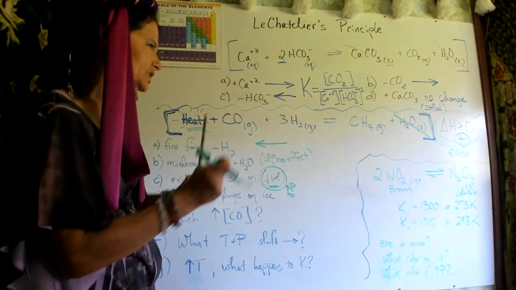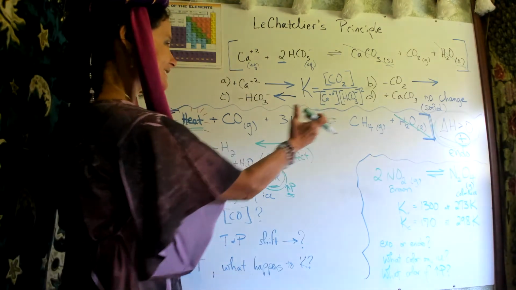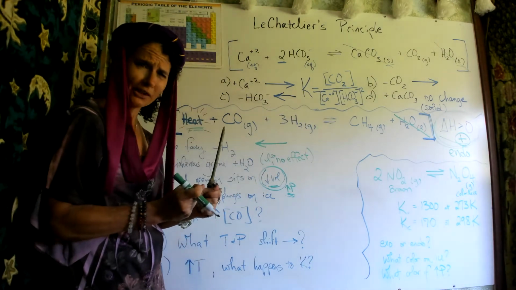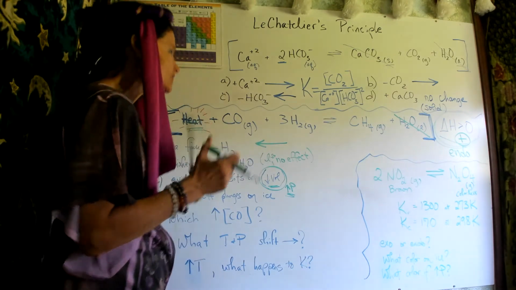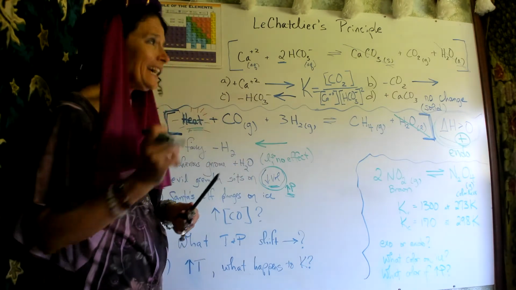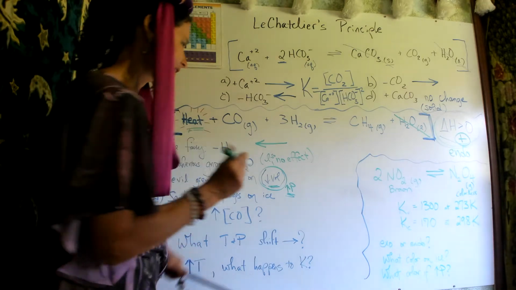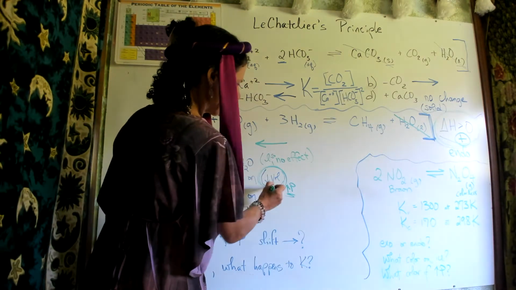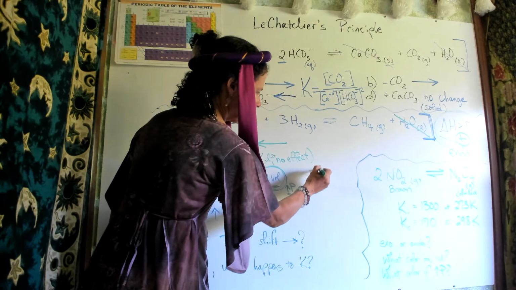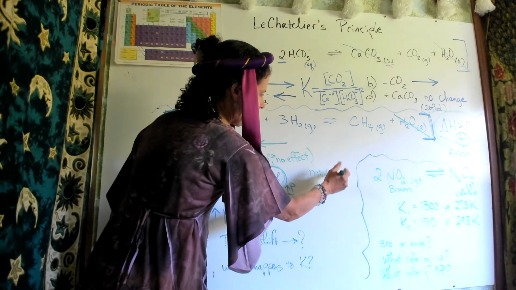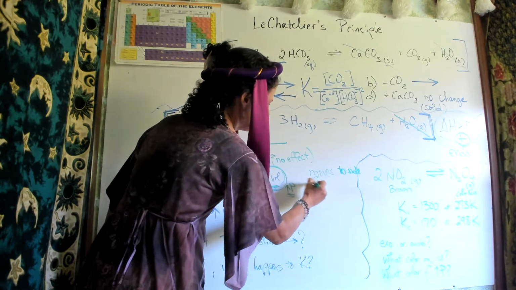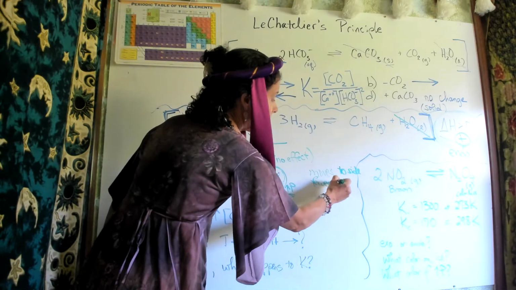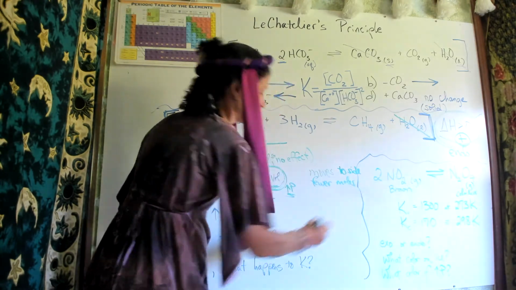All right, so you squish it. There's less space. This whole thing gets squished. This is like in the first Star Wars, technically the fourth, when they're in that room and they're getting squished. It's going to move to the side that is smaller. Meaning, when you have smaller space, it moves to the side with fewer moles. Now, it's not just any moles.